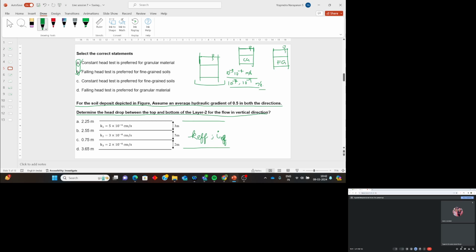Are you getting now? Sir, I effective means? I effective is the hydraulic gradient between this point and this point, that they are asking you to assume as 0.5. Okay, okay, sir. Now you have K1, K2, K3. You calculate K effective now for vertical flow.